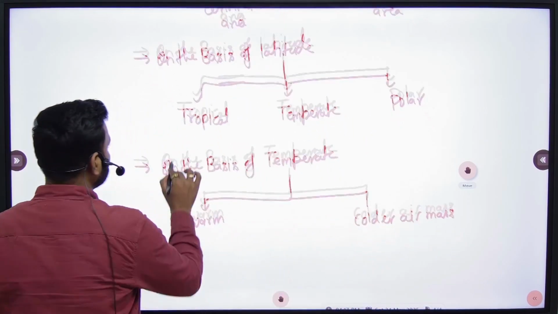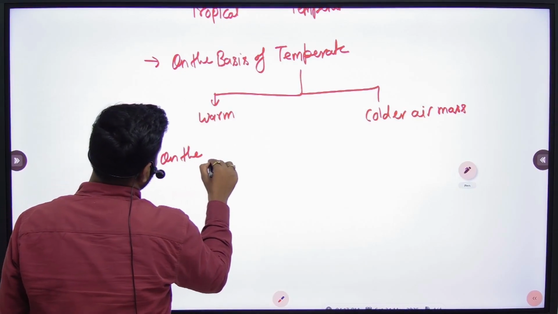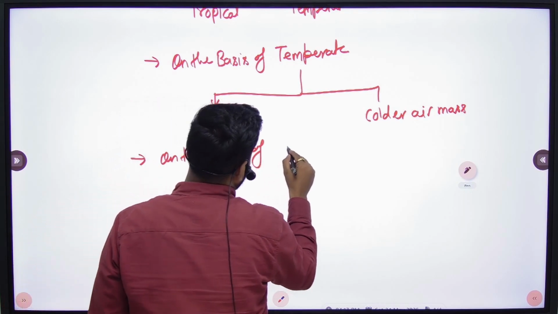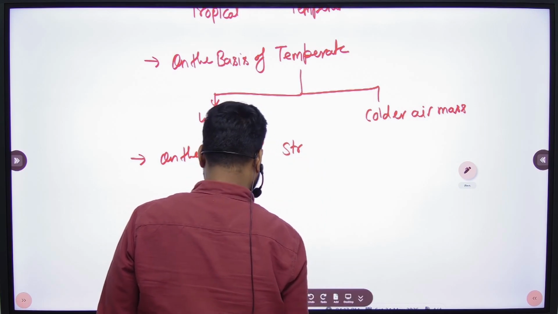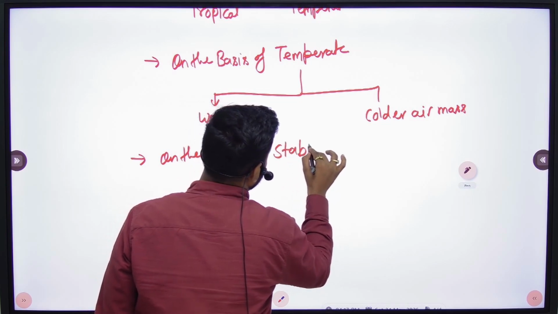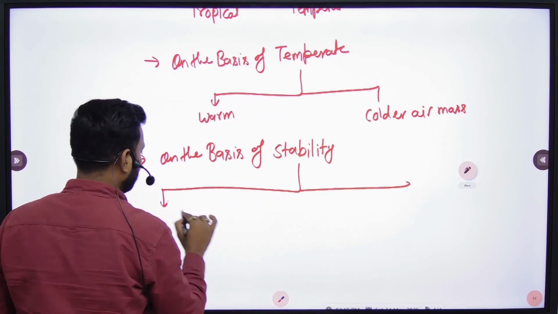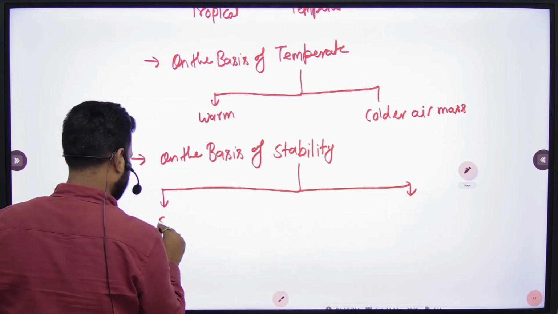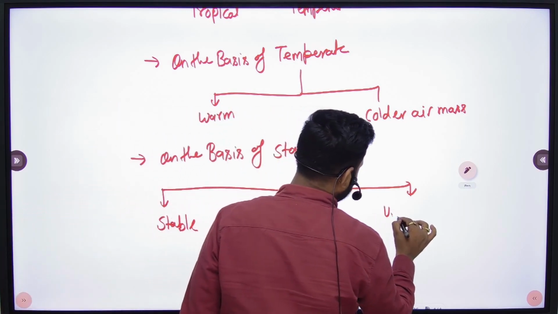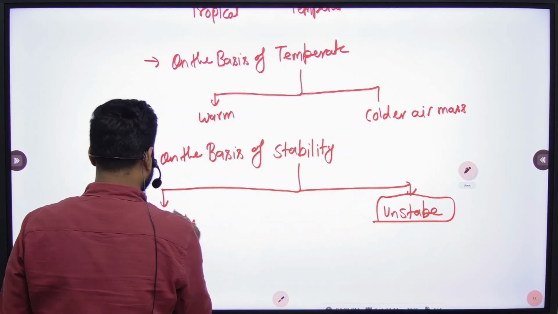And we further move to the basis of stability. On the basis of stability, there are two types of air masses. One is stable, one is unstable. Stable and unstable.